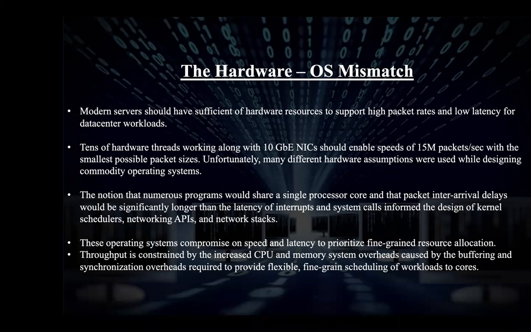These operating systems compromise speed and latency to prioritize fine-grained resource allocation. Throughput is constrained by the increased CPU and memory system overheads caused by the buffering and synchronization required to provide flexible, fine-grained scheduling of workloads to cores.